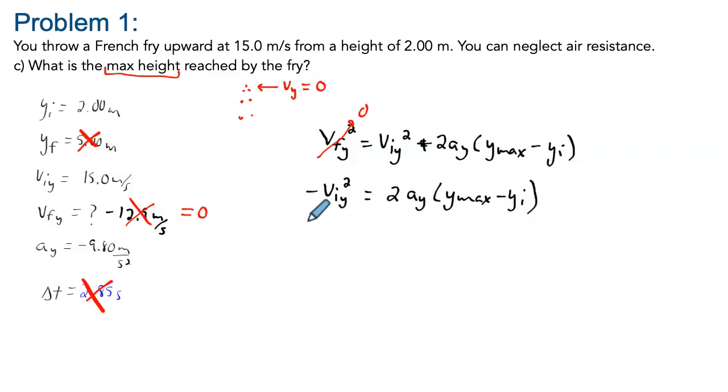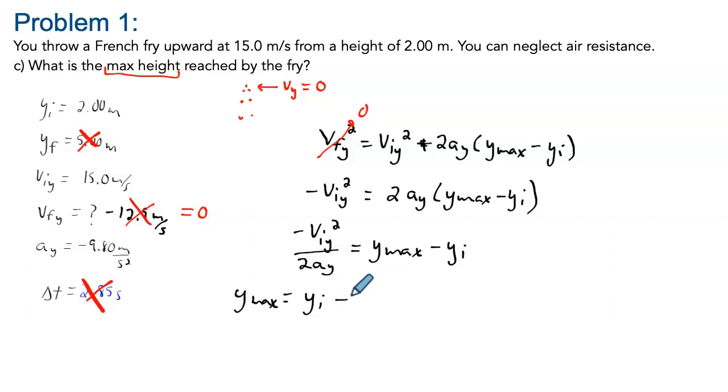I divide by 2ay on both sides, so it becomes minus vi squared divided by 2ay is equal to y max minus y initial. And finally, I get that y max will be equal to y initial plus, vi y squared divided by 2ay.